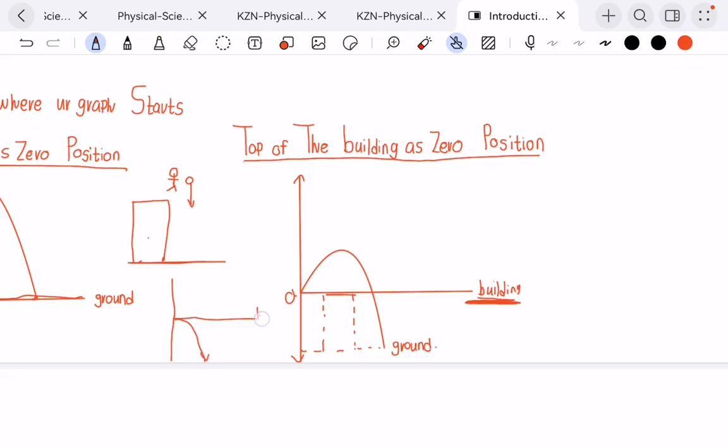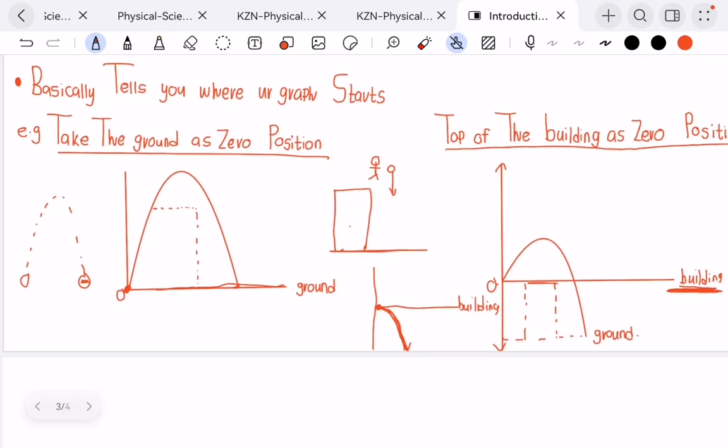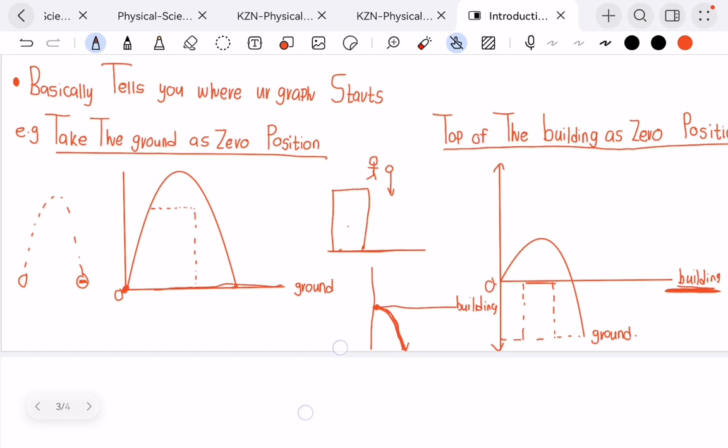right? Because this is our building, and our object is going to start from the top of the building, then go down. If you draw your graph, you will see that it's actually going to start like this, from the top of the building.